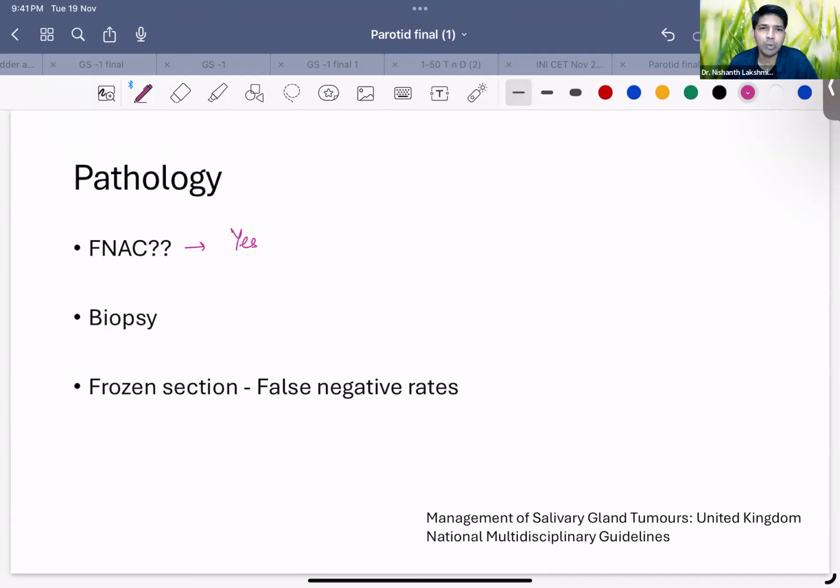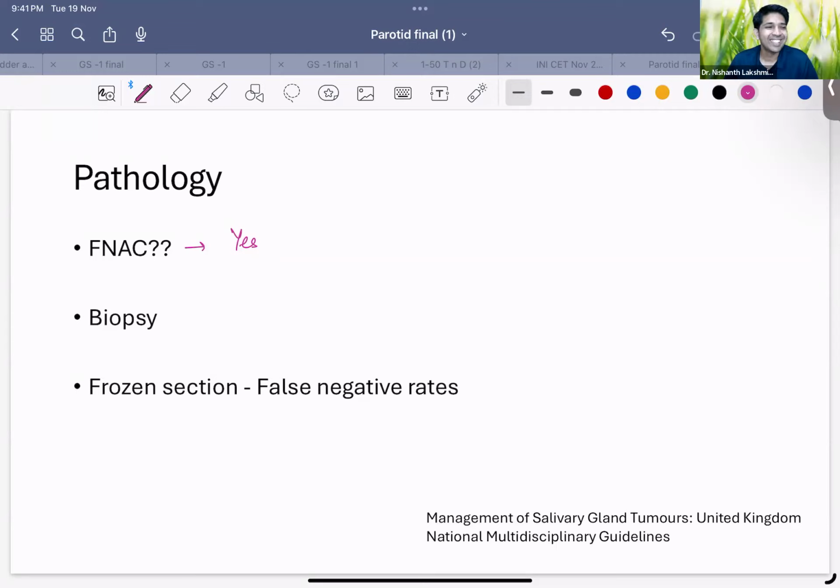Can you observe a Warthin's tumor, or do all Warthin's tumors have to be operated upon? See, if the examiner asks a question like this, the answer has to be always yes. Otherwise, they won't ask that question.